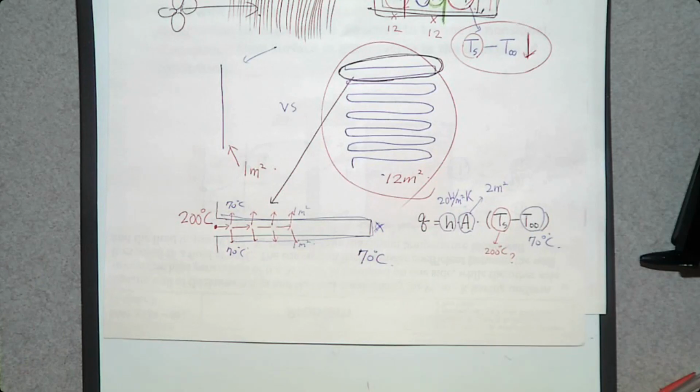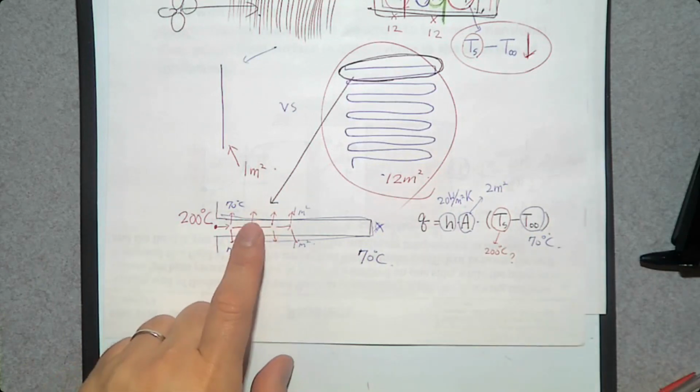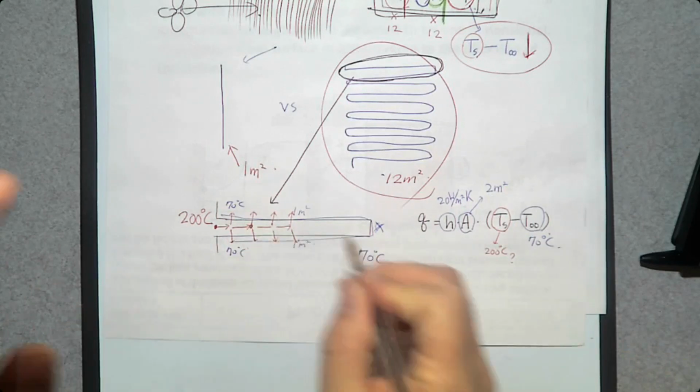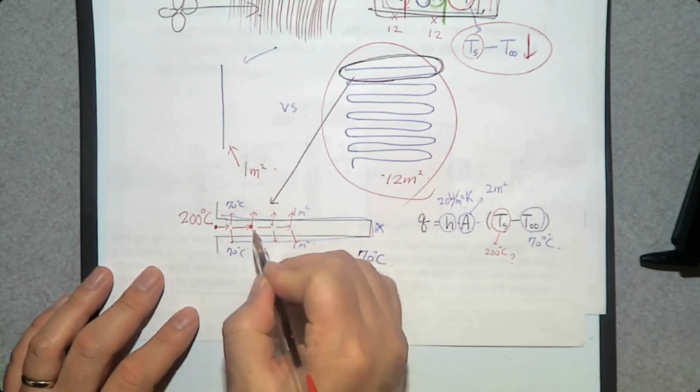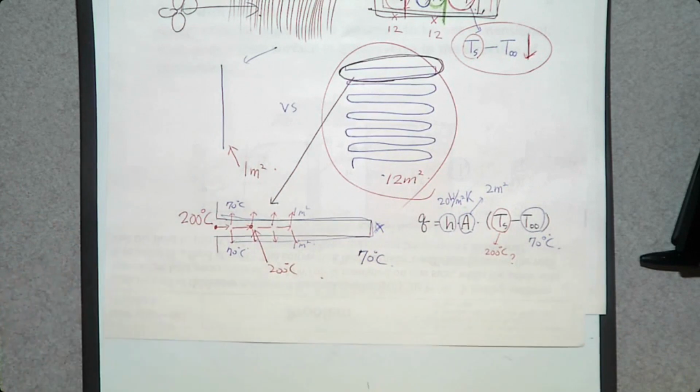So what's going to be the temperature at this point? 200? Let's assume that the temperature at this location is 200 degrees Celsius. Is there heat transfer in this direction? When the temperature of the base is 200 and the temperature somewhere in the middle is 200, can there be heat transfer this way?